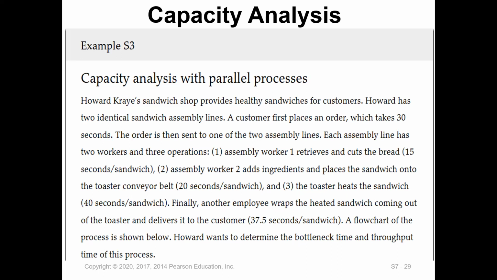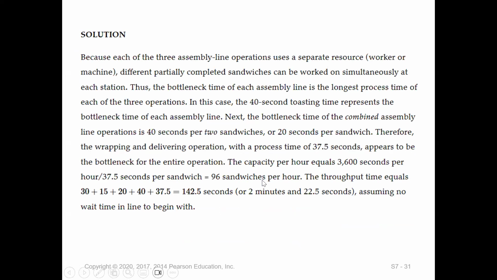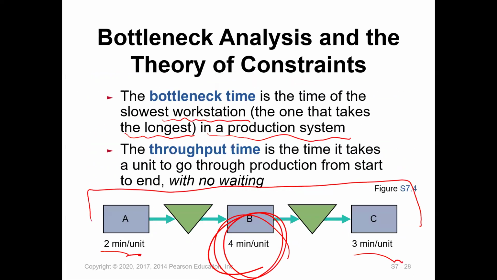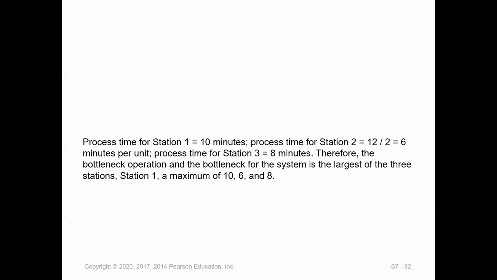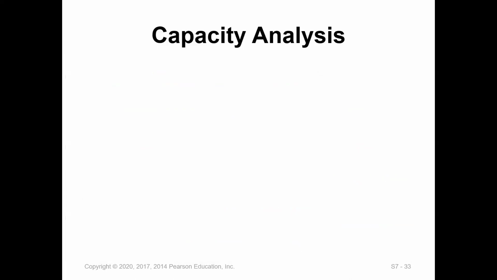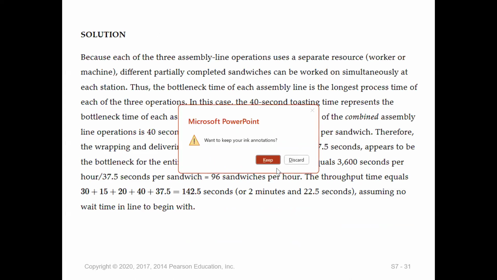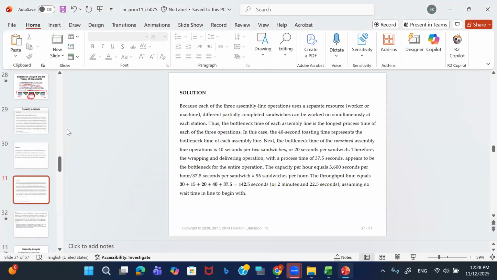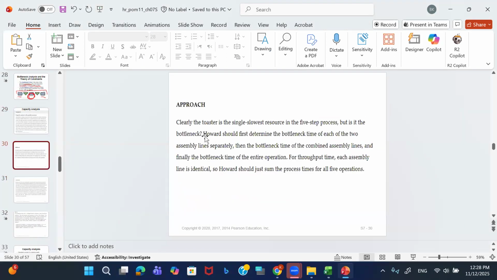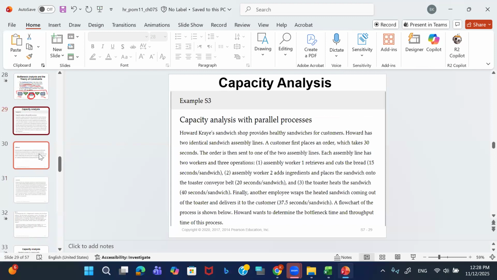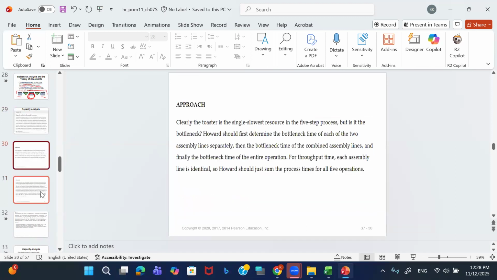A flow chart of the process. That's very important. When we read the statement, we understand it, but where's the flow chart? I don't have the flow chart. I should have a flow chart. Okay, let me go back and get the flow chart for this question.